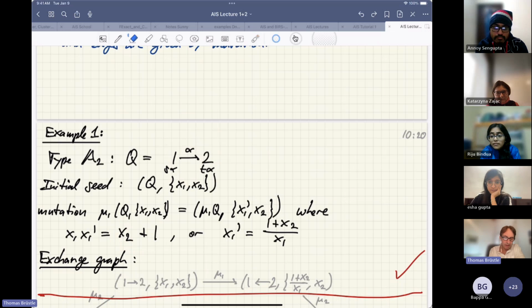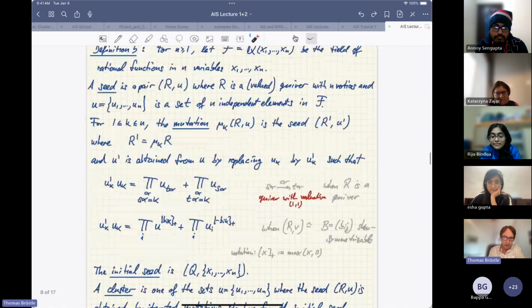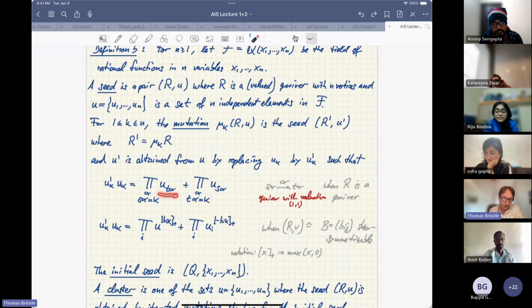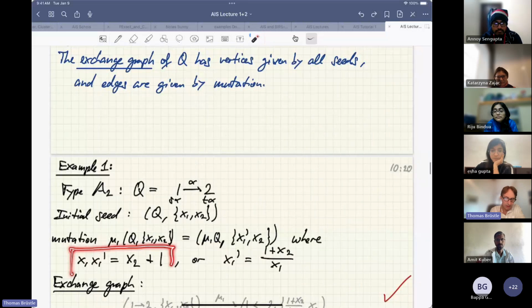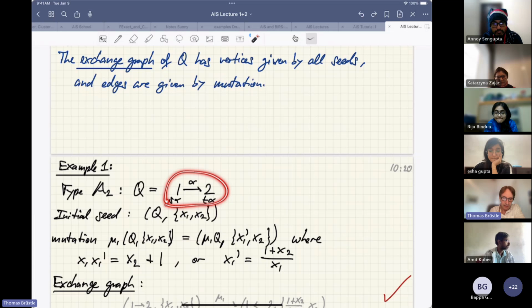So the part x2 in our formula stands for this one. This is the product over all arrows starting in 1, and we take as index the vertex where the arrow ends. You have to remember this formula because it's always going to be the same. There's one arrow starting in 1, it ends in 2, so we write x2 here.